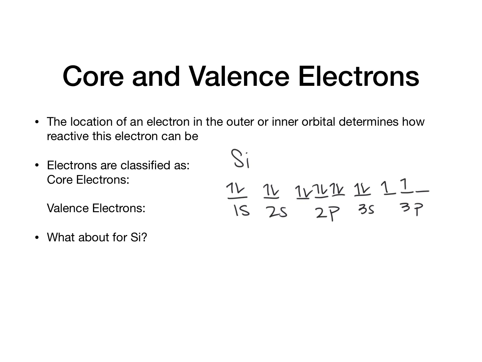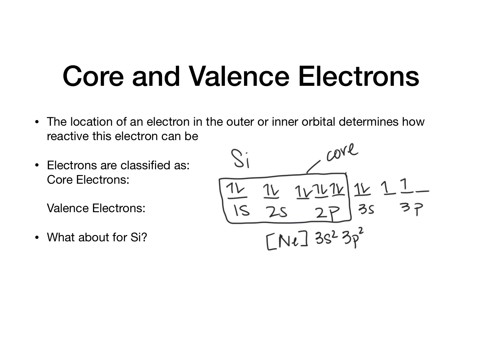If we were to write the noble gas configuration, we have neon, 3s2, 3p2. These electrons here are what we're going to call the core, which is why we can use the noble gas configuration. That is the inside, non-reactive portion.